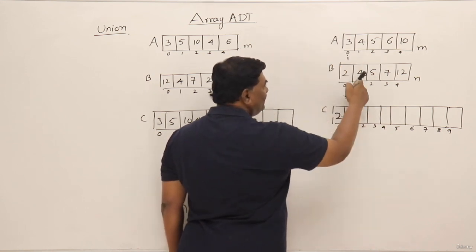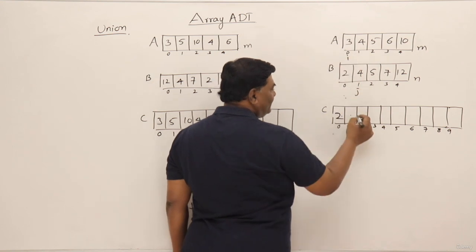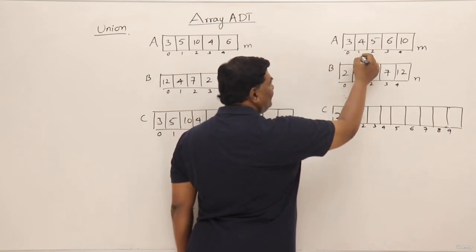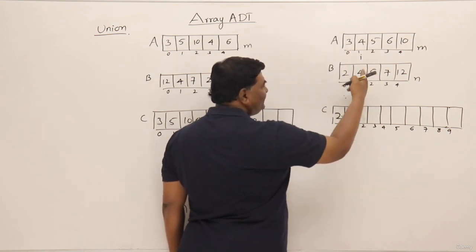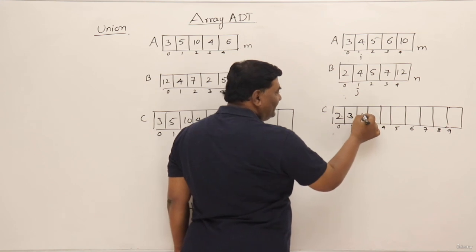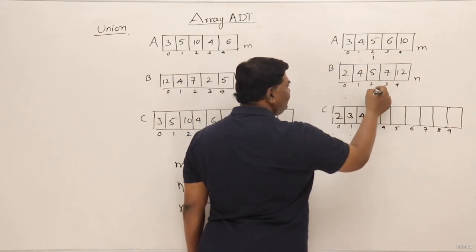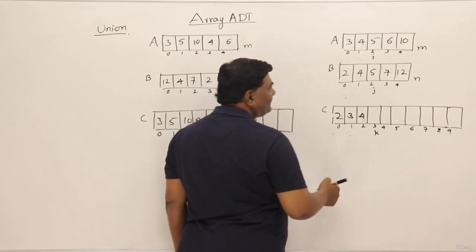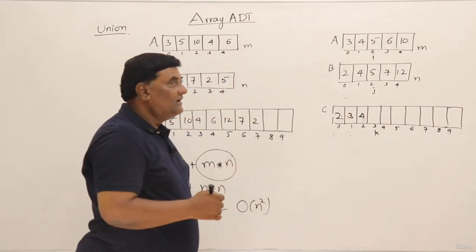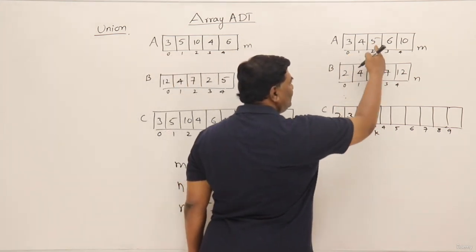A of i with b of j. A of i is small, so 3. Copy it. Then move i. A of i and b of j are both the same, so copy that 4 and move i also and j also, and k is here. Now again a of i with b of j, both are equal.